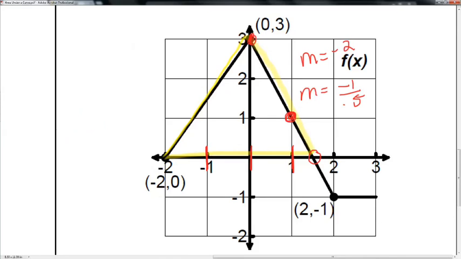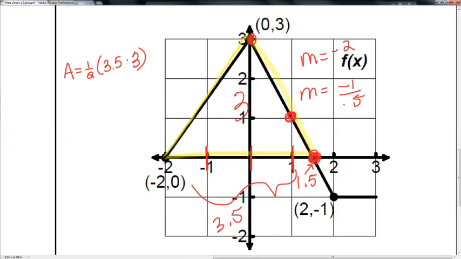And so if I go down 1, that means I have to go over 0.5. So this point actually really is 1.5. So my base is 1, 2, 3, 3.5. My height is 3. And so if I want to find my area, it's 1/2 my base, 3.5, times my height, which is 3.